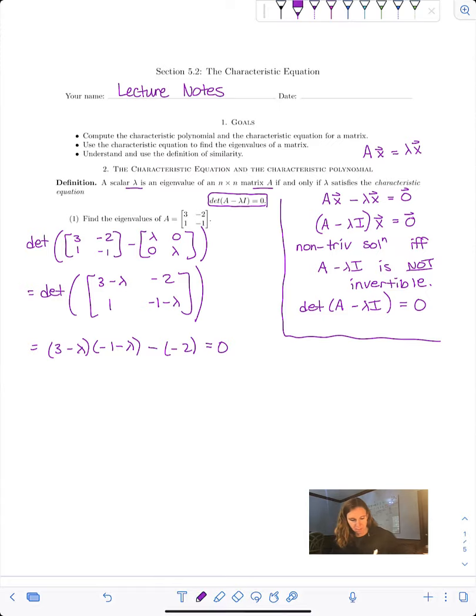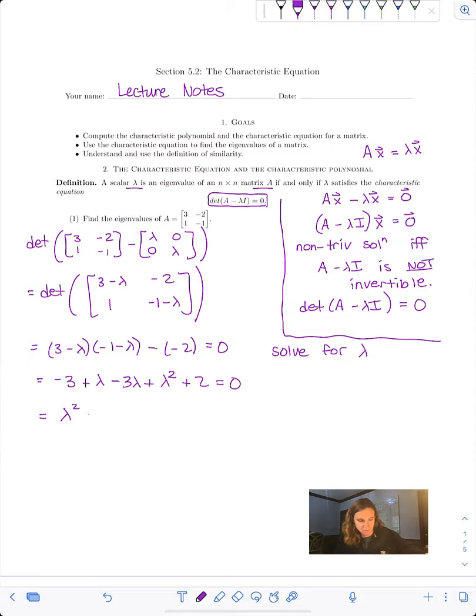And then we want to solve that for lambda. So we need to multiply this out and we get negative 3 plus lambda minus 3 lambda plus lambda squared plus 2 equals 0. I just FOILed out that equation, and so that leaves us with lambda squared minus 2 lambda minus 1 equals 0.